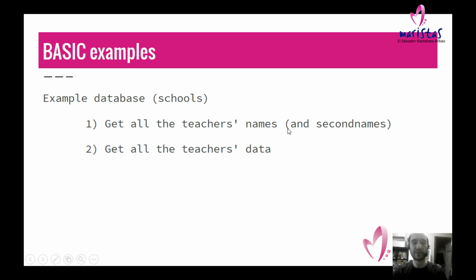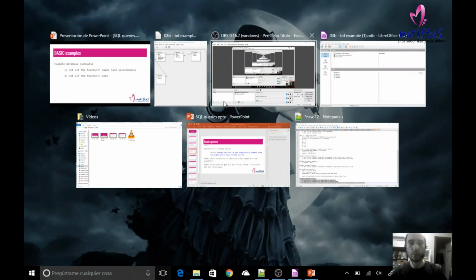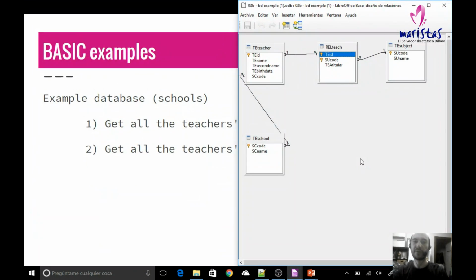Let's go on with the first one. In order to do so, we're going to open our relationships view, and we are going to ask the 3 questions that we mentioned before. First of all, which are the fields that we want to get? The teachers' names and second names, right? T_name and T_second_name. Where are those fields?